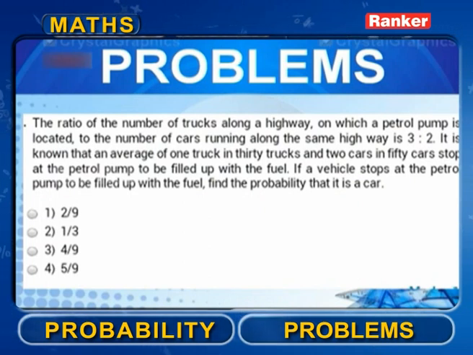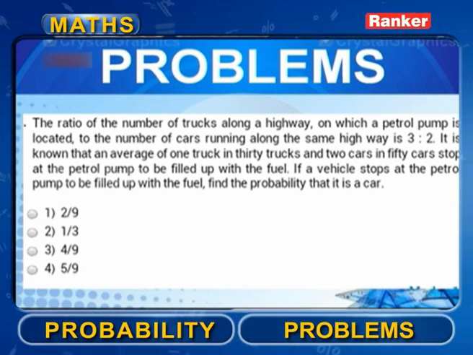Yes. The ratio of the number of trucks along a highway on which a petrol pump is located. Okay, a petrol pump is located on a highway and the ratio of the number of trucks to the number of cars running along the same highway is 3:2. 3:2 means first trucks are given, next cars are given.